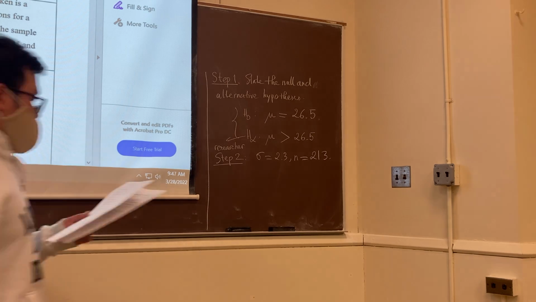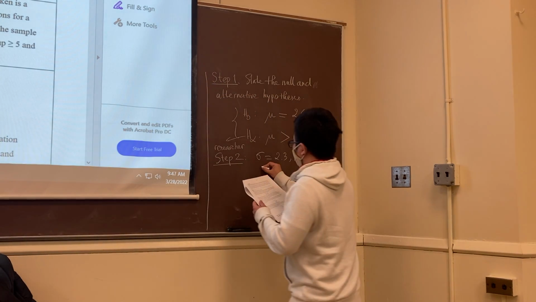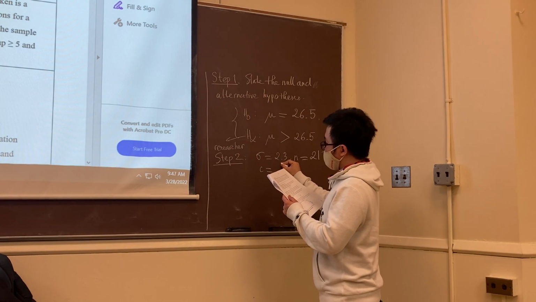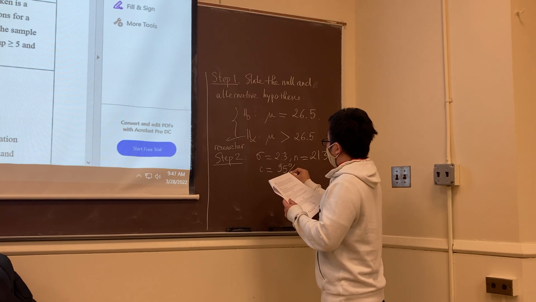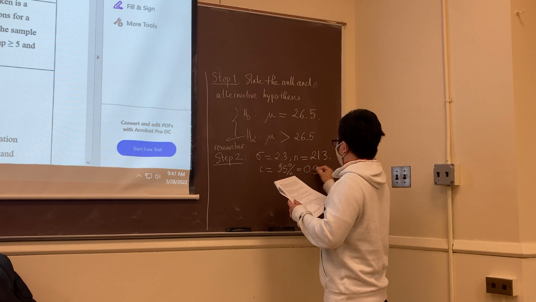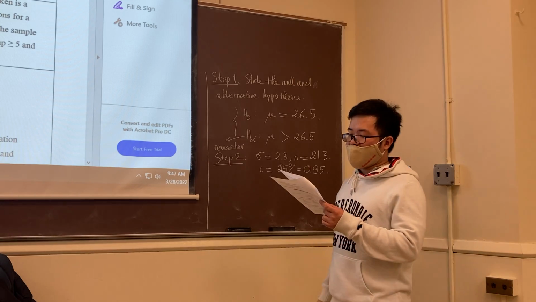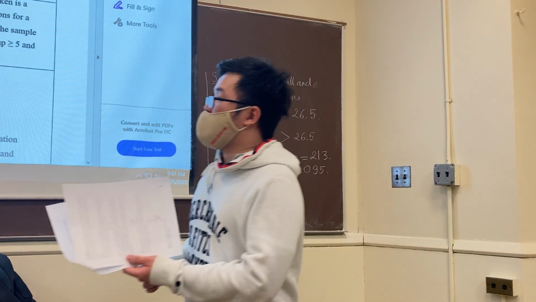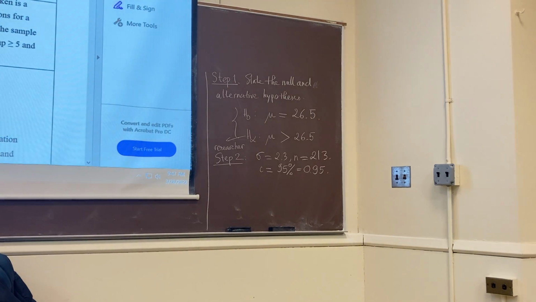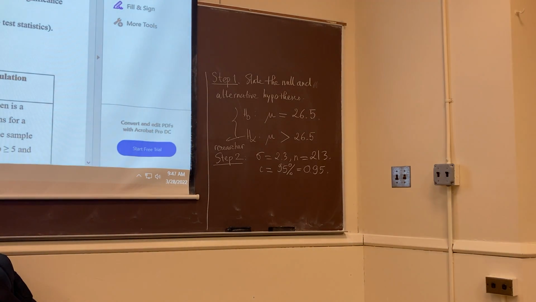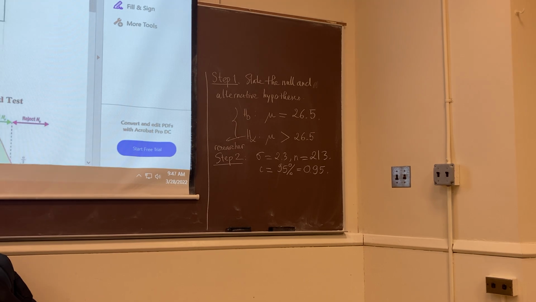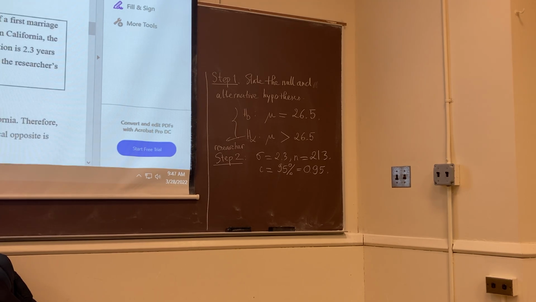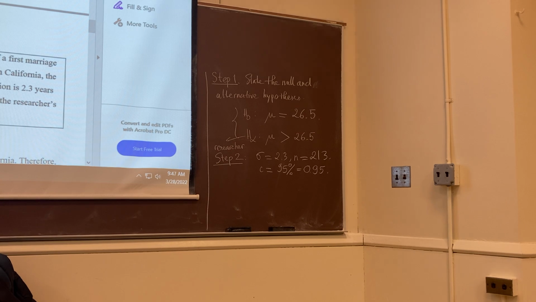Okay. And they give you the level of confidence. You see here is 95%. That means C here is 0.95. Okay, that's all the things. And in step 2, they ask you to find the level of significance, right? So how to calculate the level of significance?